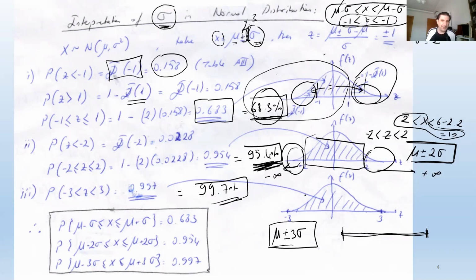Therefore, we should not memorize these, because they are all tabulated, but you should have an understanding of this representation. For different multiples of sigma, such as 1, 2, and 3, you increase your probability more and more to 1, but you never reach 1 for a finite multiple of sigma.